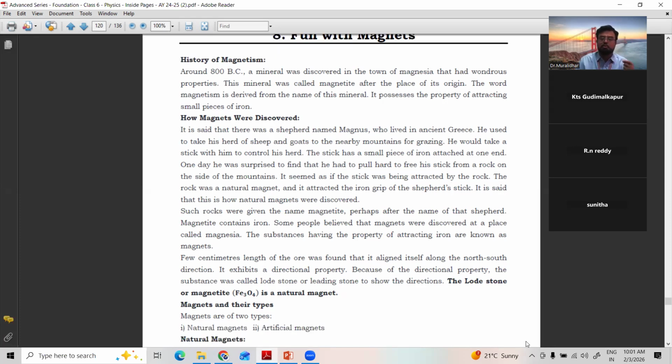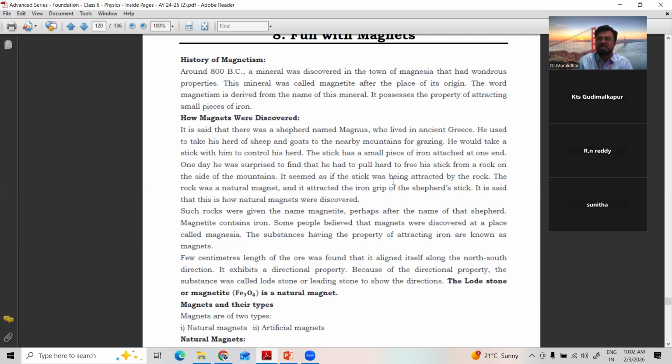I clearly explained the story also with a single picture: a shepherd walking around a hill area called Magnesia, where he found that a black colored stone attracts his stick strongly, and that stone is identified as a natural magnet, lodestone, or magnetite.